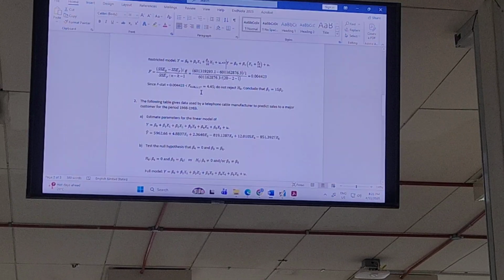You refer to the F table, column 1, row 17, and then choose the first row, the 5% significance level, so you get your critical value 4.45. So your F is smaller than the critical value, so do not reject. It is within the acceptance region, not the rejection region.